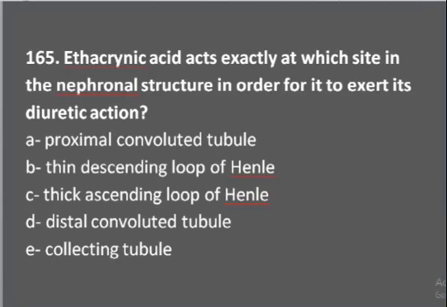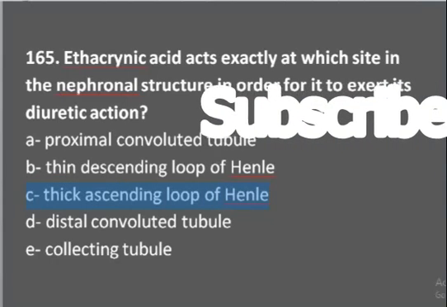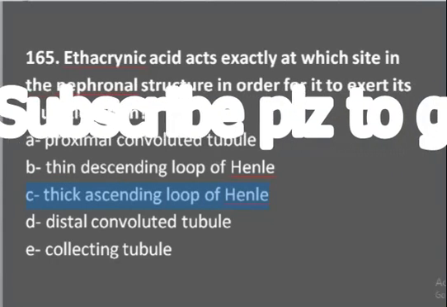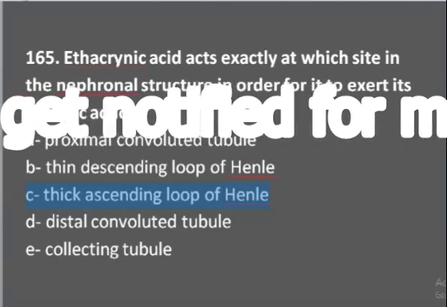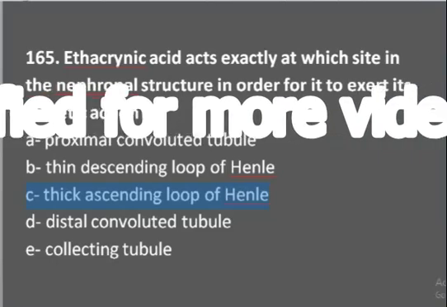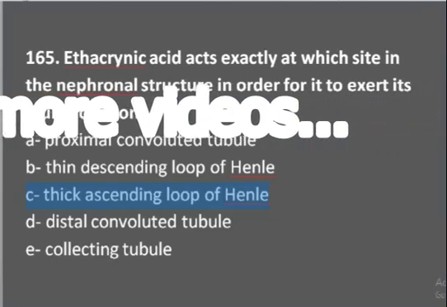Among these two options, one is correct: either the thin descending loop of Henle or the thick ascending loop of Henle. Actually ethacrinic acid, a loop diuretic, acts at the thick ascending loop of Henle, and it is at this point that it will exert its pharmacological action, that is diuresis. So C is the correct option here.